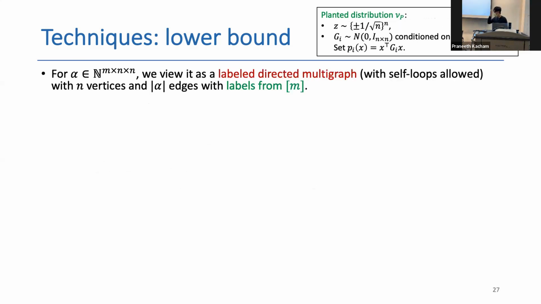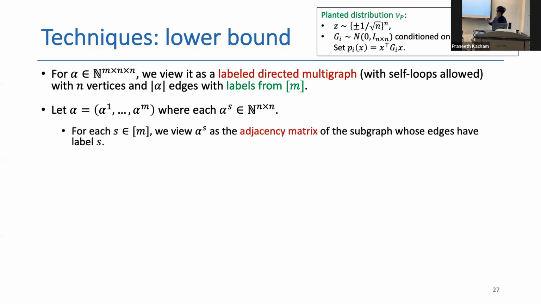So we view alpha as a label-directed multigraph, such that self-loops are allowed, and this graph has n vertices, alpha edges, and this notation just means the sum over all entries in alpha, and each edge has a label from M. We also denote alpha 1 to alpha M, where we view each alpha S as the adjacency matrix of the subgraph where the edges have label S. Clear?